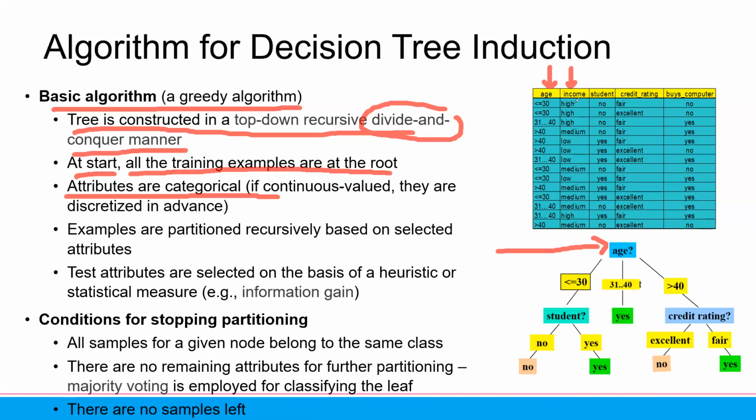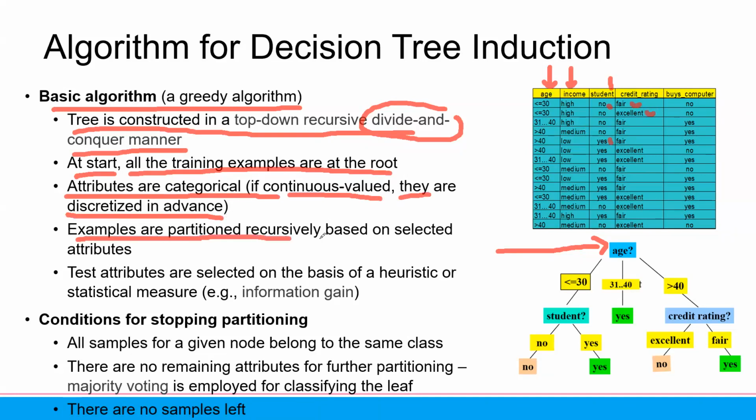Income is also a category: high, medium, low. Student is also a category: no, yes. Credit rating is also a category: fair, excellent. If it is a continuous value, it is discretized in advance. So we need to make a discrete value if we have a continuous value.